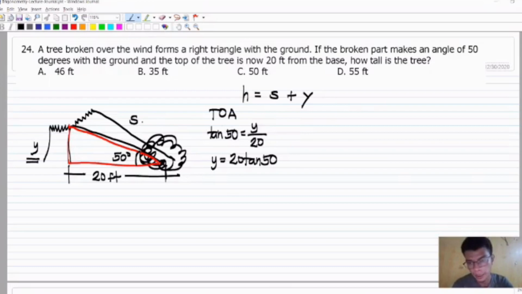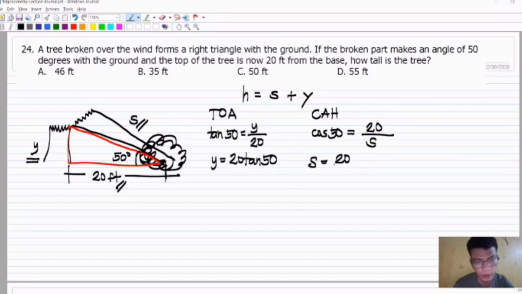Para naman sa s, ang gagamitin natin is yung hypotenuse and the adjacent side, and that is CAH relation, yung K natin. That is cosine 50, yung angle natin, equal to the adjacent side 20 feet over the hypotenuse s. So solving for s, that is 20 over cosine 50.